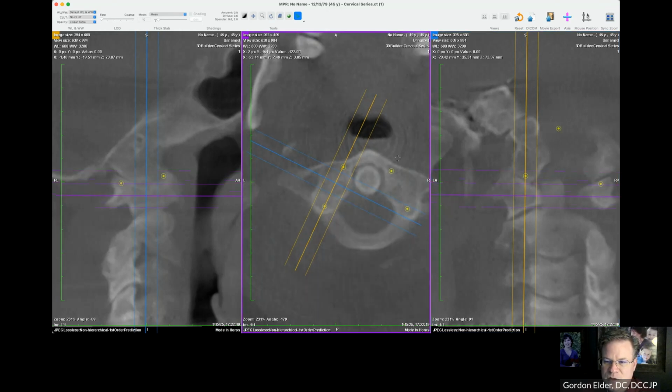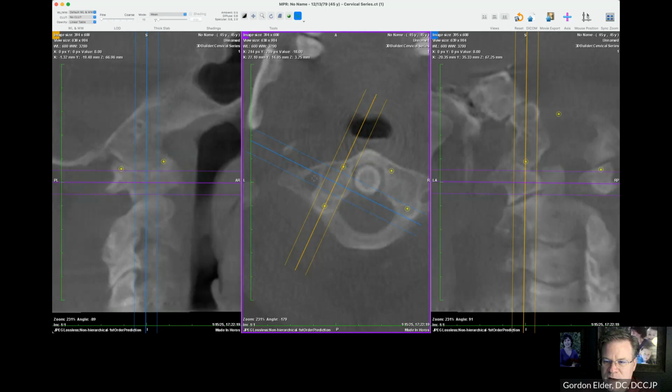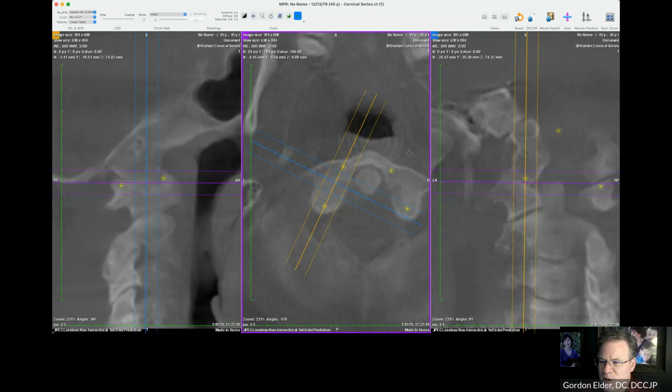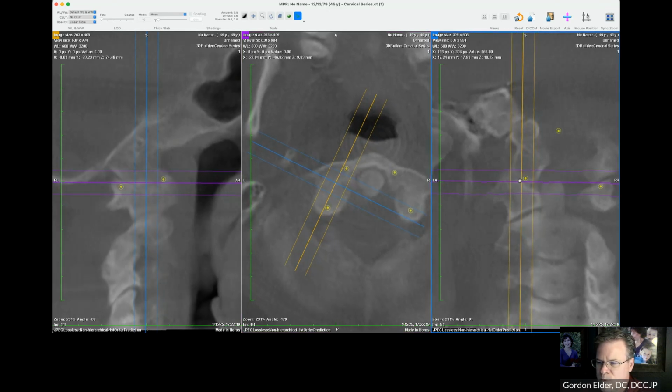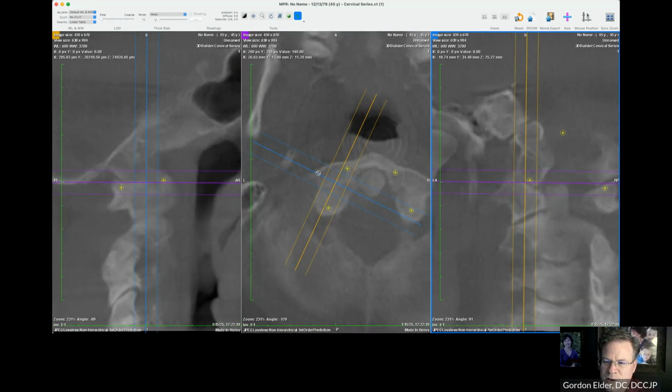So if I scroll down, you can see that vertebral foramen right there. Now we're not looking at the joint anymore, we're quite a bit lower, but you can see that vertebral foramen, and you can still kind of see it there when I come up. We're looking, and you can see that I've got the whole joint, or most of it, at 10 millimeters still within my box. We can move that up a little bit if we want, just to say we've got most of it. We're going to want to look at this lateral margin here.